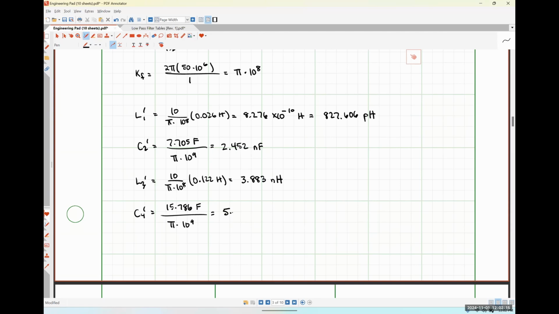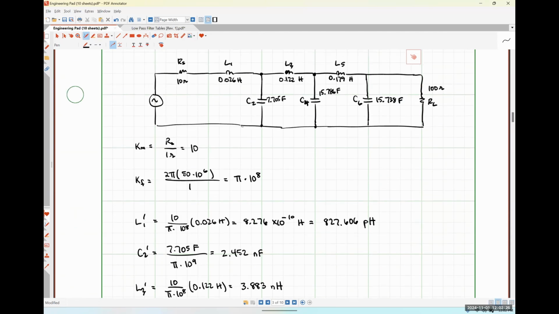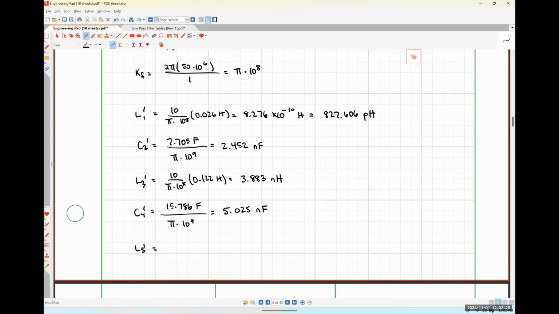Gives me 5.025 nanofarads. L5 would be 0.179 henries over pi times 10 to the 7.